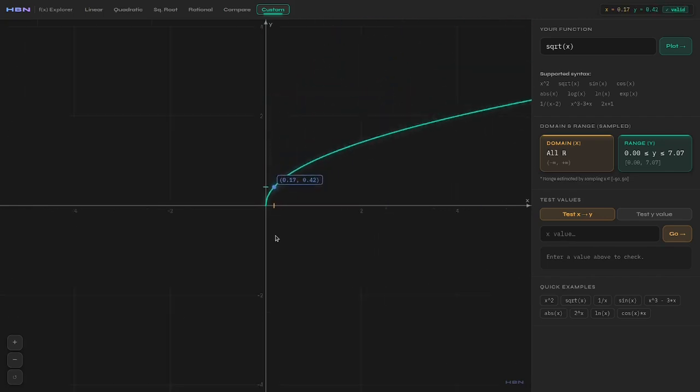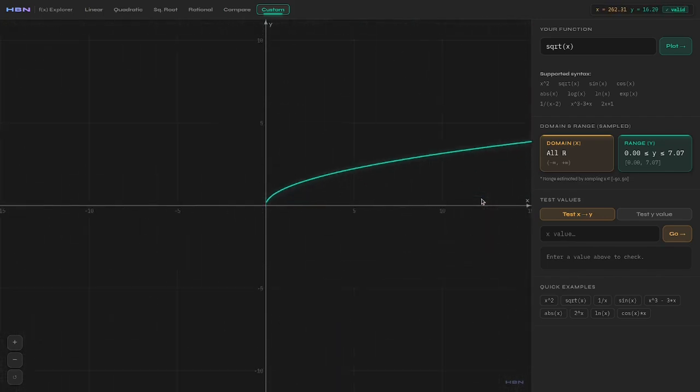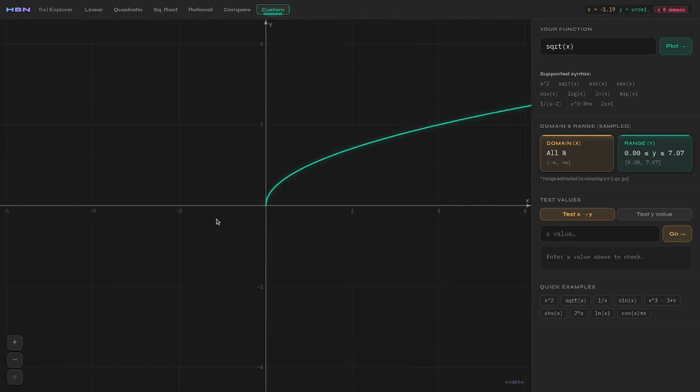If you zoom out, it goes on and on, but the graph does not even appear on the negative side of our Cartesian plane. If I put x to be any negative number, say -4, it gives me undefined. So this is what we actually want to solve for. Now that we have a fair idea of what the domain is, let's look at what the range is.